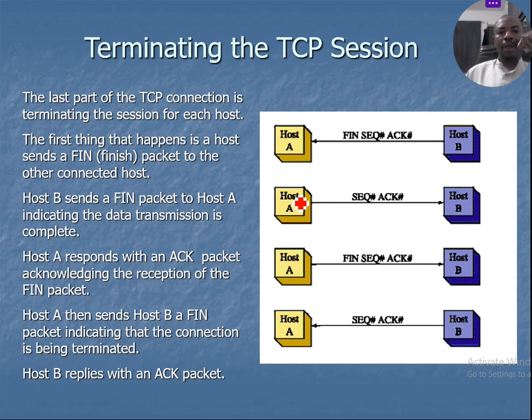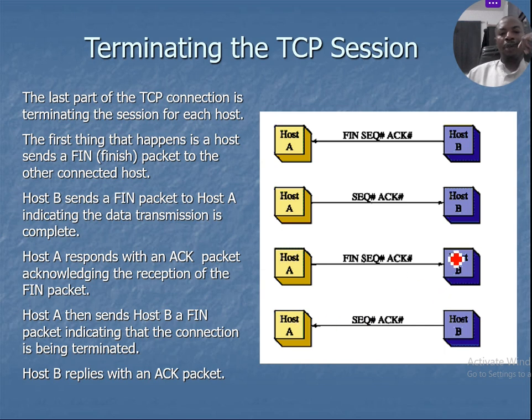So this is what is happening when terminating the TCP session. If you want to terminate, host B will send a finish sequence acknowledgement to host A. A will send an acknowledgement, saying it has received that. Then host A will send a finish sequence acknowledgement to B, and B will say it has acknowledged.